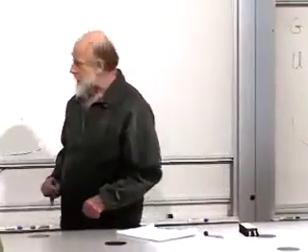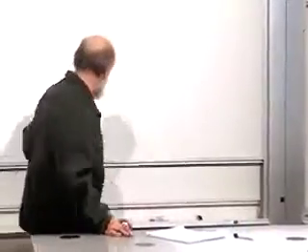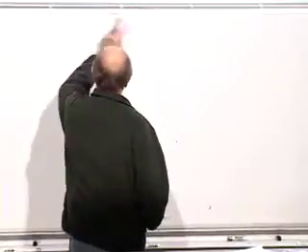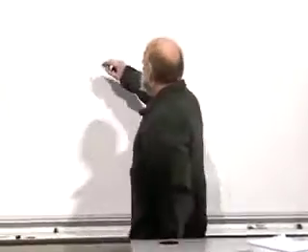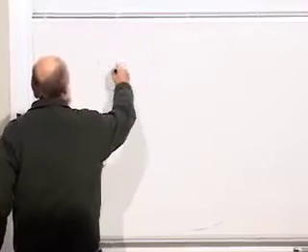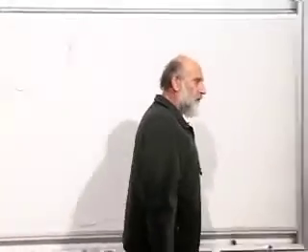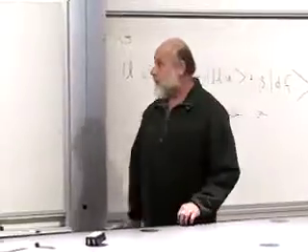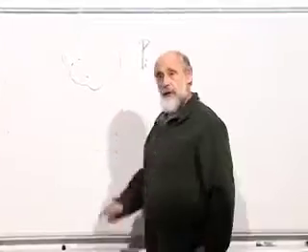Let's go back for a minute to the classical situation. A classical probability distribution, some P of I. Let me just remind you that if you have a P of I and you have some classical observable, a classical observable just means some function of the points in the configuration space.